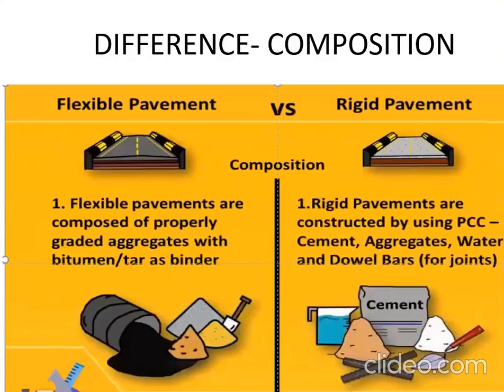Now we go one by one. The first way of differentiating is by the way these pavements are constructed, or the composition. As you can see, flexible pavements are composed of properly graded aggregates with bitumen as a binder, while rigid pavements are constructed using PCC: cement, aggregate, water, and dowel bars for joints.